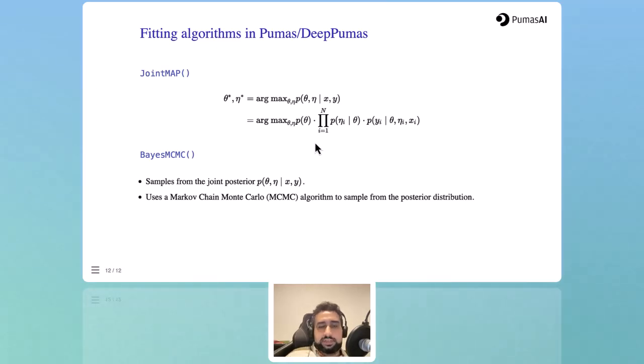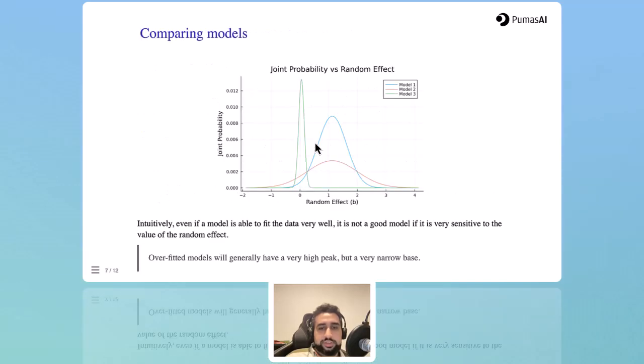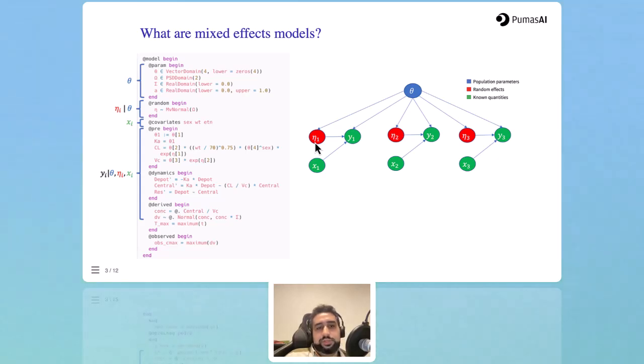This is the last slide in this presentation, but I wanted to go back and discuss a very important concept, which is: what does it mean to have a random effect? In many cases in Pumas, in nonlinear mixed effects models, the random effect is basically a deviation from a typical value. The typical value of theta is a population parameter, and then the random effect eta is some deviation from the typical value.